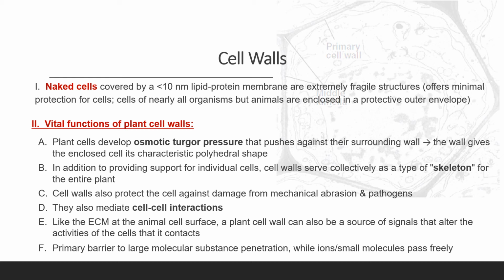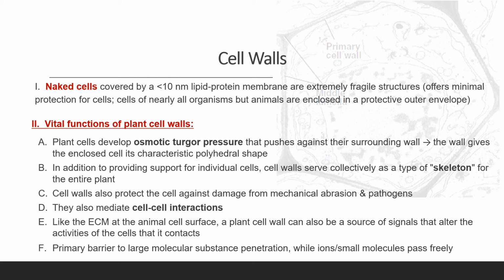So among the vital functions of the plant cell wall, cells develop osmotic turgor pressure that pushes against their surrounding wall, and the wall gives the enclosed cell its characteristic polyhedral shape. Okay? So in addition to providing support, cell walls also serve collectively as a type of skeleton for the entire plant. So cell walls also protect the cell against damage from mechanical abrasion and pathogens, and they also mediate cell-to-cell interactions.